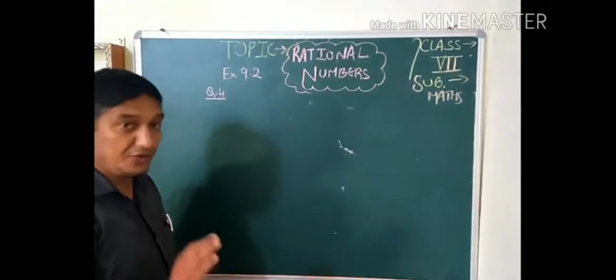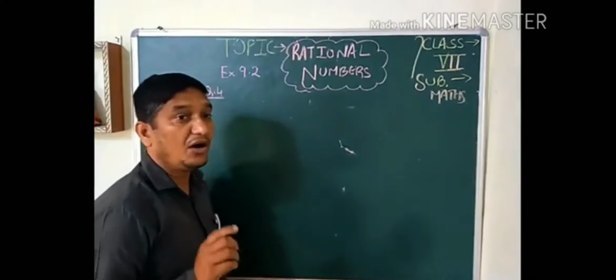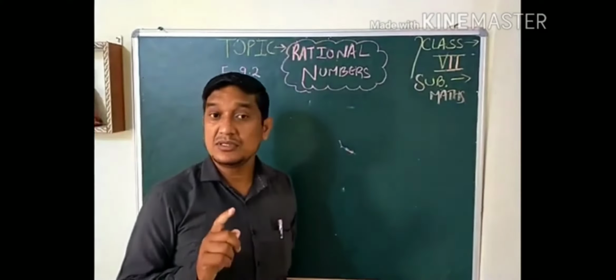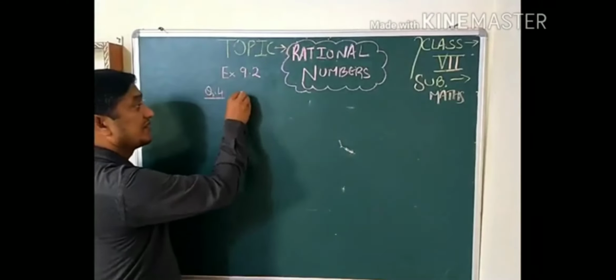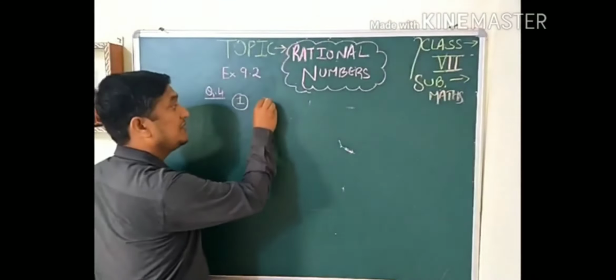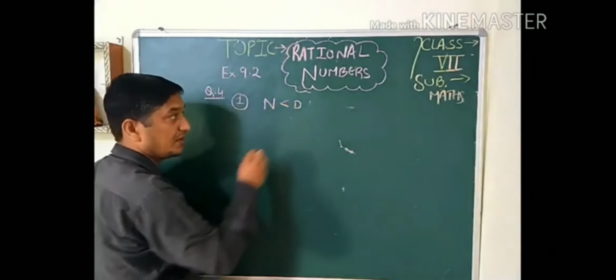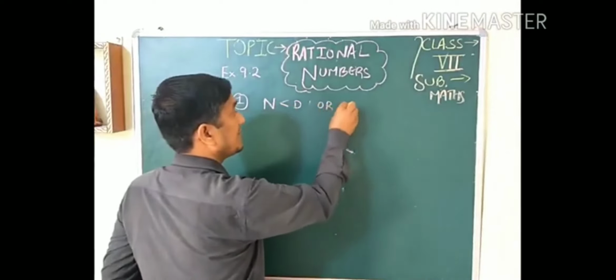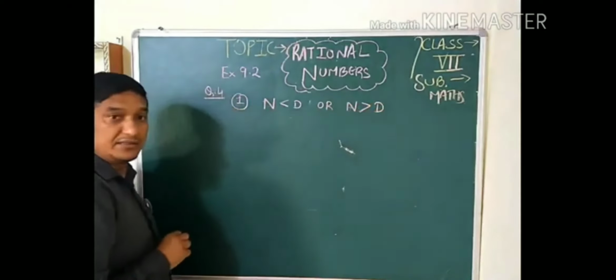So children, before representing any rational number on the number line, you have to keep a few things in mind. The first one is to check whether the numerator is smaller than the denominator or greater than the denominator.